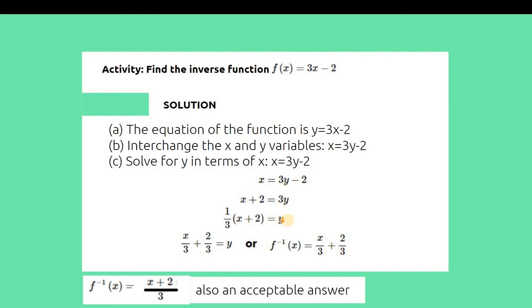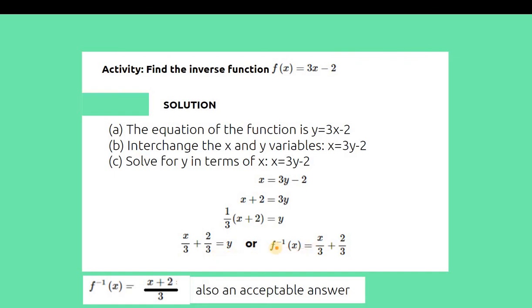So, naiwanan ka na lang ng y. And then, on your left side, you have x plus 2. So, lalagyan mo rin ng denominator na 3. So, ano yung nangyari? Yan, x over 3 plus 2 over 3 is equals to y. Or, pwede mong isulat na y is equals to x over 3 plus 2 over 3.